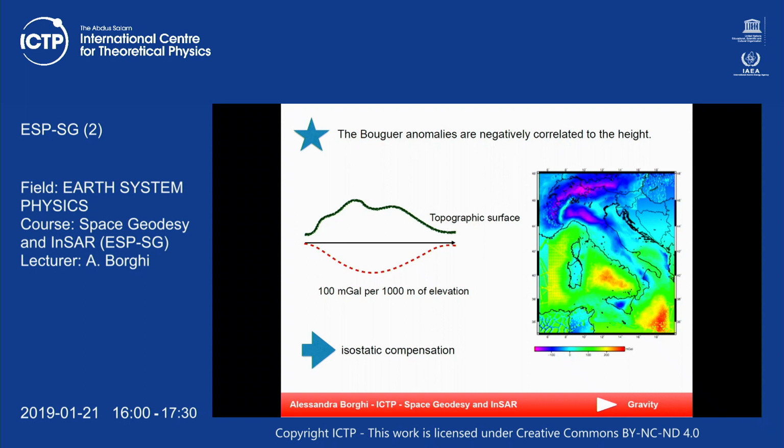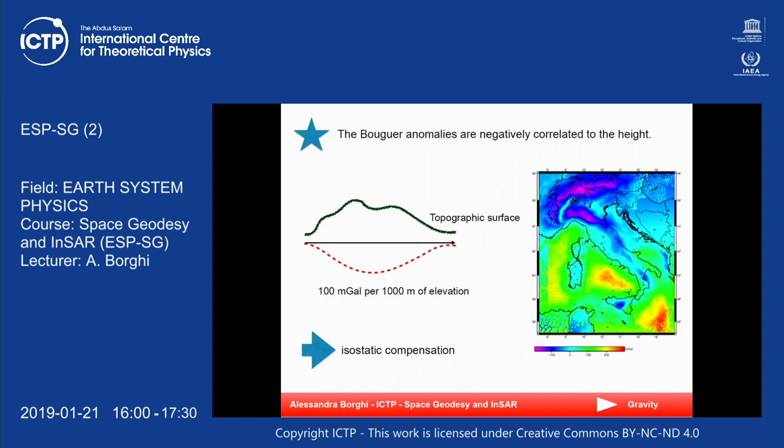When we are in the basin, we have high positive values of the Bouquet anomaly. So the Bouquet anomalies are negatively correlated to the height. This is because we forgot the isostatic compensation. We have forgotten that under this surface topography, this is the geoid, but the mountains don't finish at the geoid, they have some roots inside the earth.